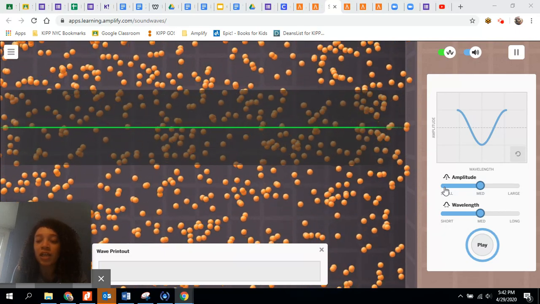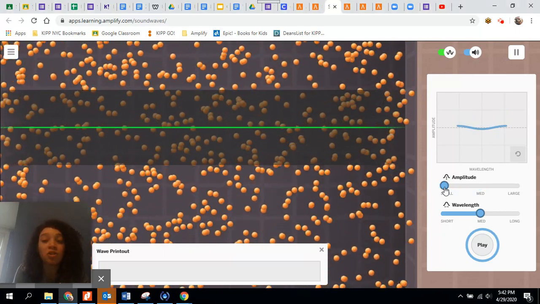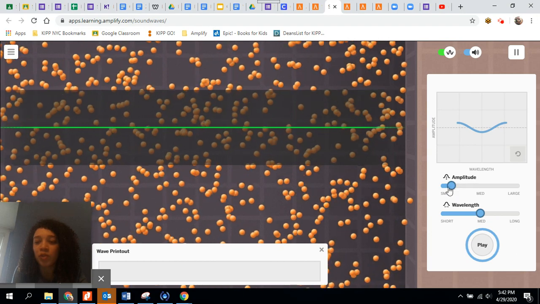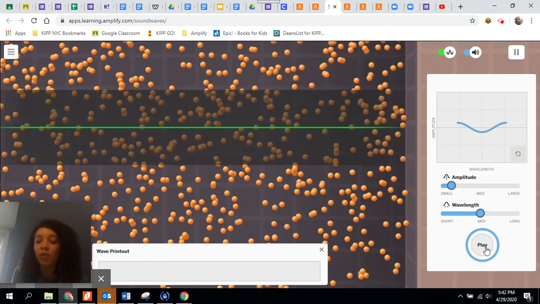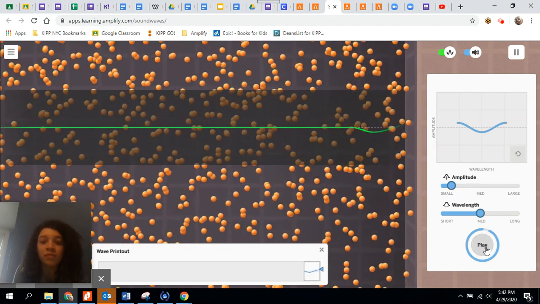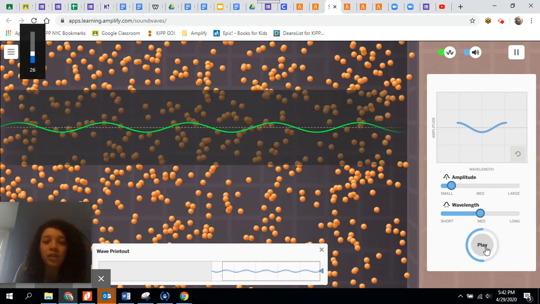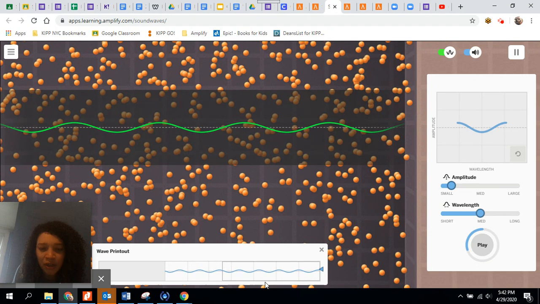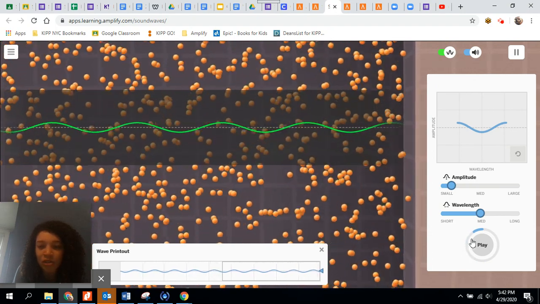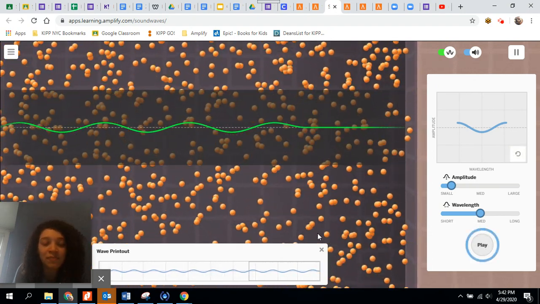So if we change it to small, or in between small and medium, and we start to play, it's very low. You can even see down here, it's just barely moving as it goes around, and then it's done.